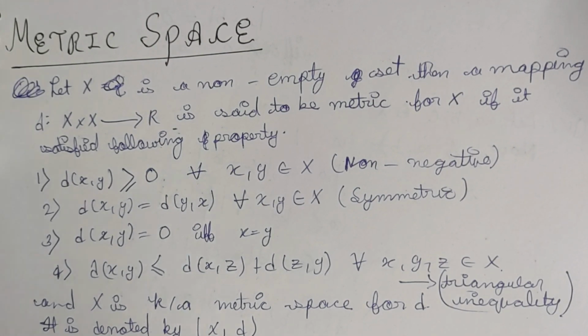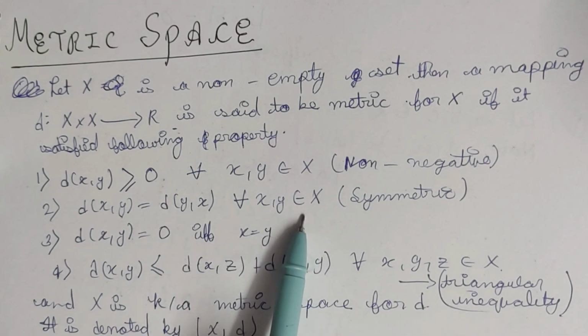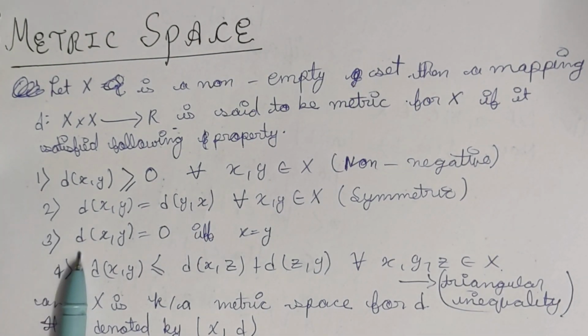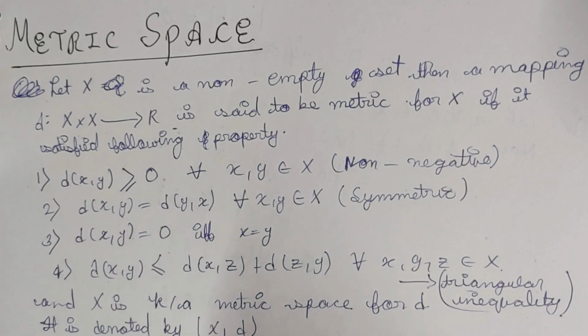The second property is d(x,y) equals d(y,x) for x, y belonging to X, which is also known as the symmetric property. The third property is d(x,y) equals 0 if and only if x equals y.